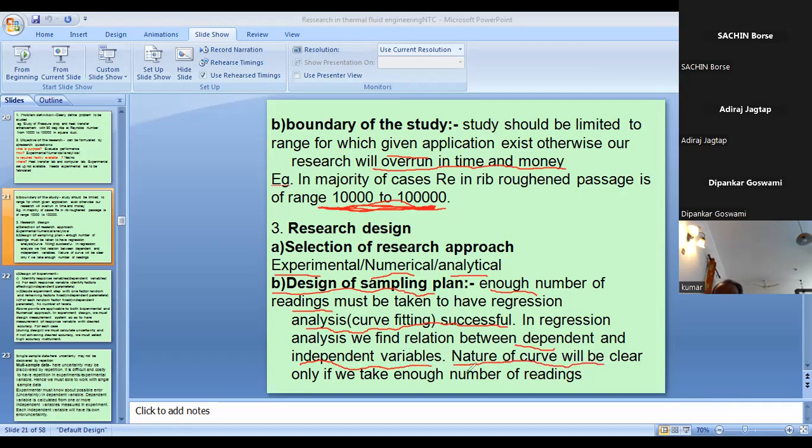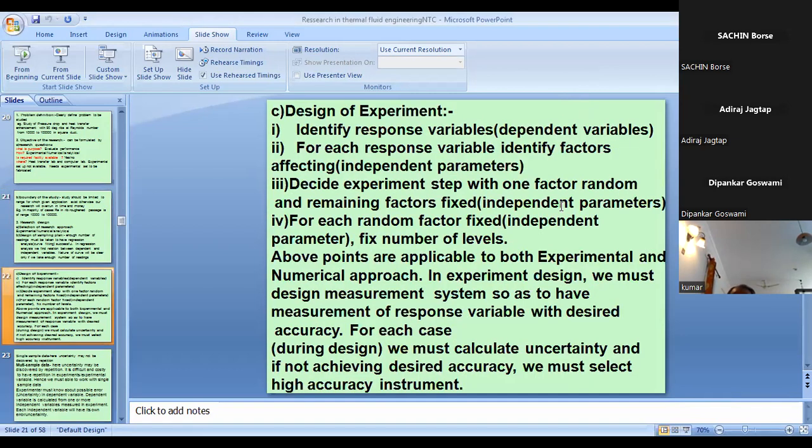Okay. We'll be able to visualize in the graph a clear relation between the dependent and independent parameter. So in this respect, we have to design the sampling plan. So let's just move to the next slide.